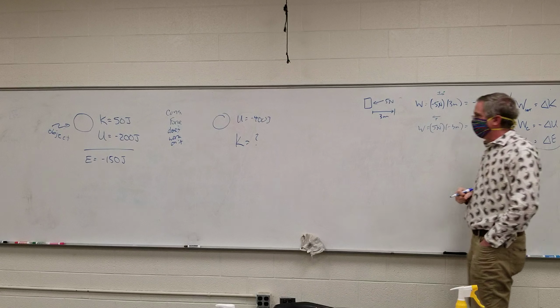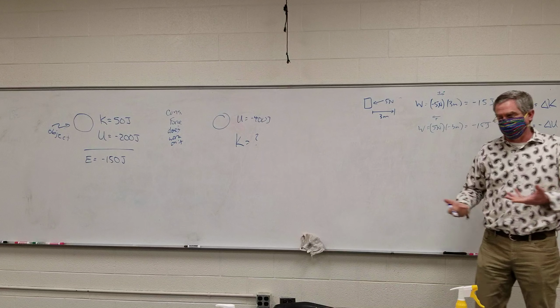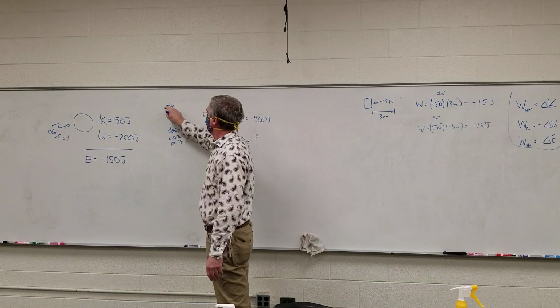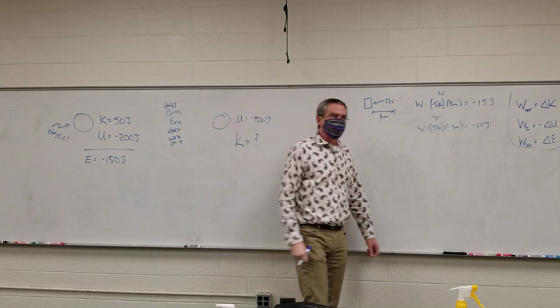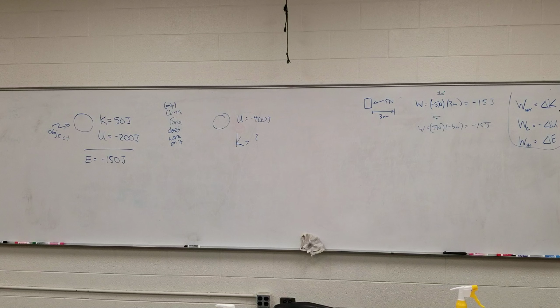All right, so let's back up over here. So I have this object, I have a conservative force acting on it. I guess I should specify only a conservative force. So what is the work done by a non-conservative force in this problem? Negative 200 joules. 250.